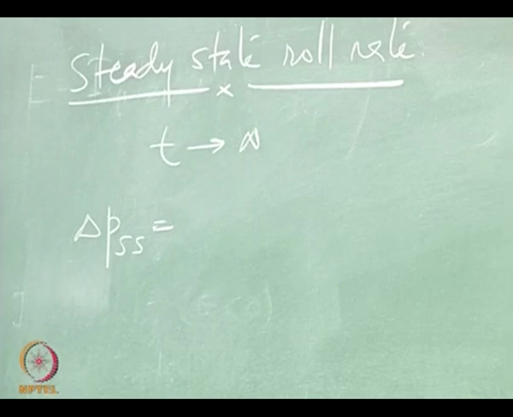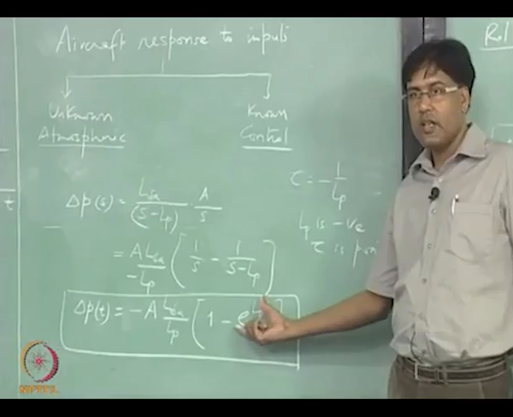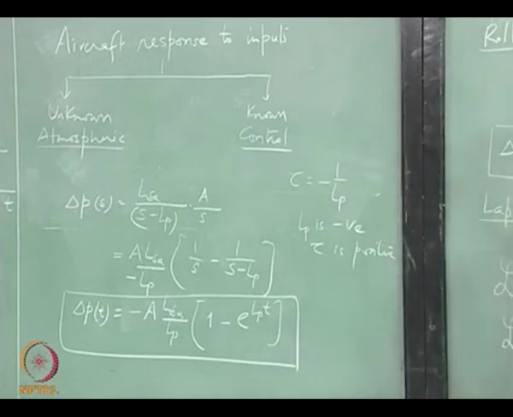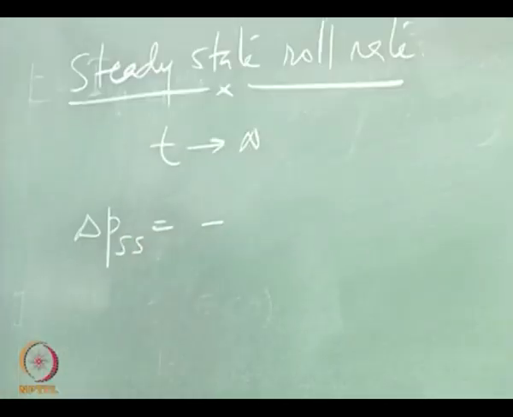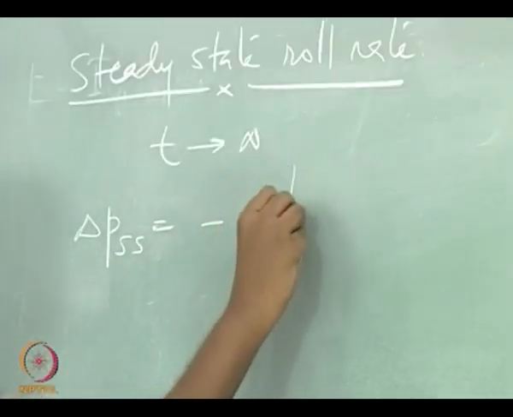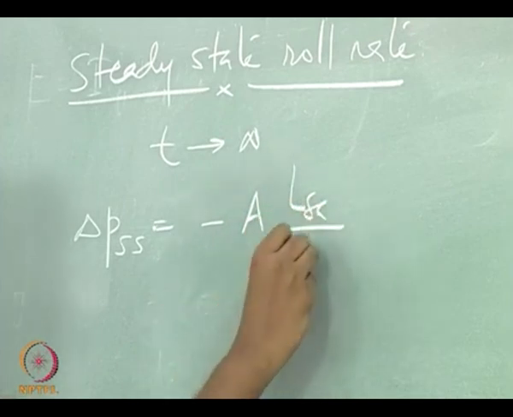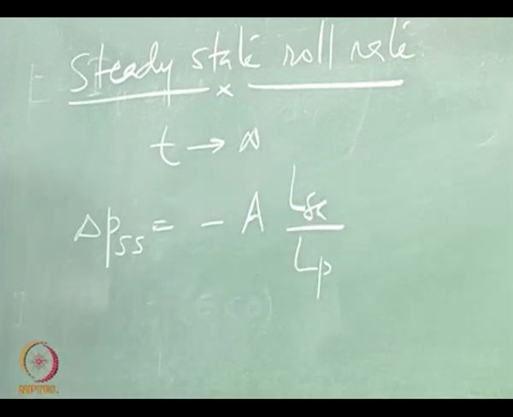So this will become 0, right, when t goes to infinity, and what you have is this, right. What is L delta A?